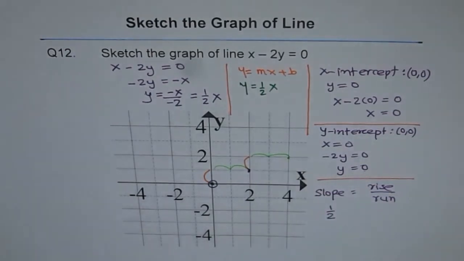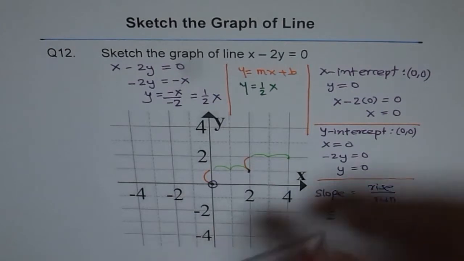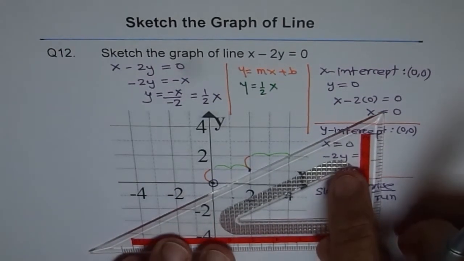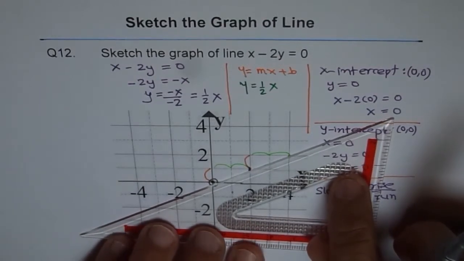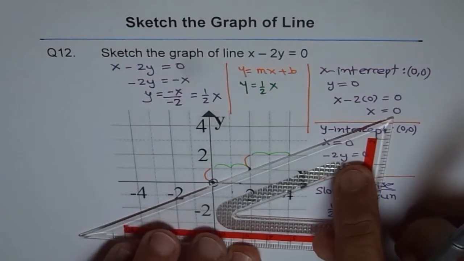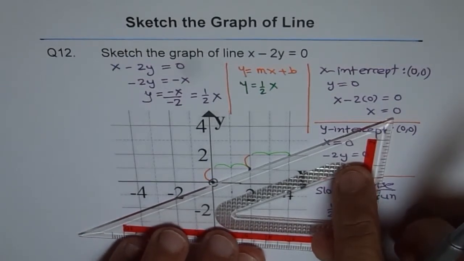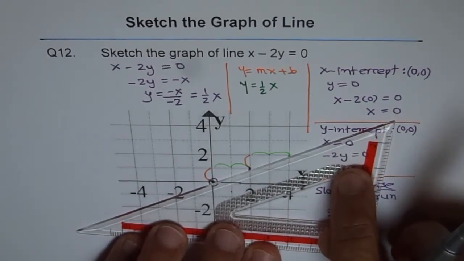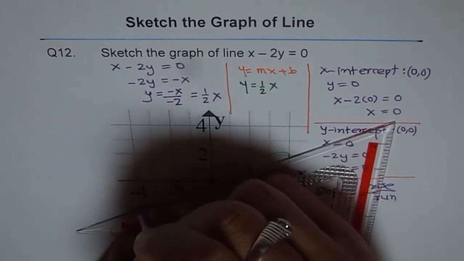Now when we get these 3 points, we can always join them and draw our line, correct? Let's do it. So this line will represent the equation given to us, that is x minus 2y equals to 0, correct? So here we go. Let me align them and then draw the line.